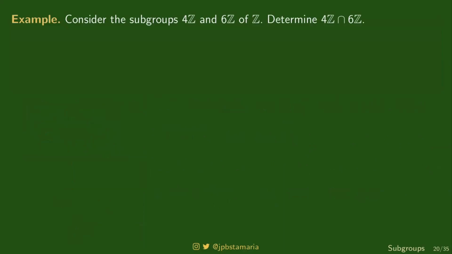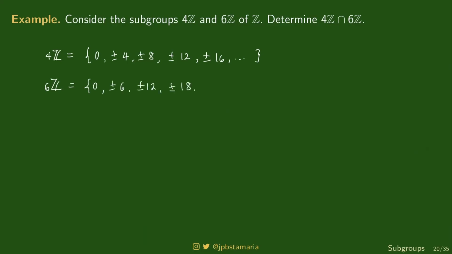Halimbawa, consider the subgroups 4Z and 6Z of Z. I want you to determine the intersection of 4Z and 6Z. What is that? Ano to? Ito yung 0, plus minus 4, plus minus 8, plus minus 12, plus minus 16, blah, blah, blah. 6Z, 0, plus minus 6, plus minus 12, plus minus 18, plus minus 24, blah, blah, blah.